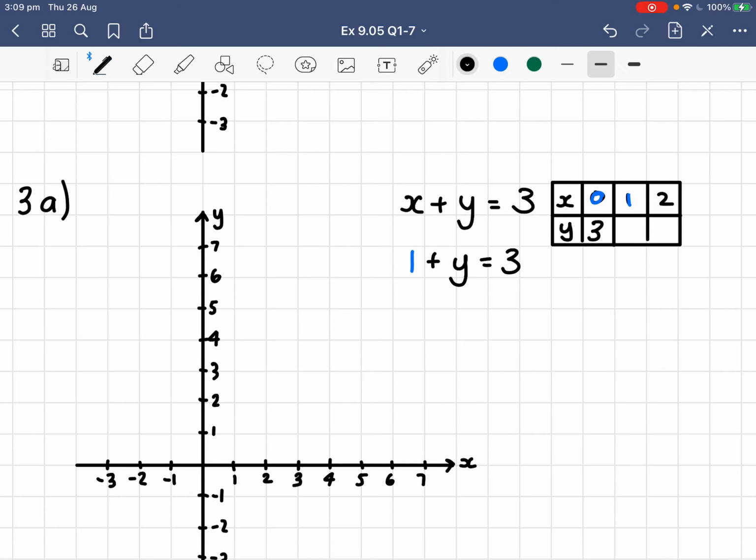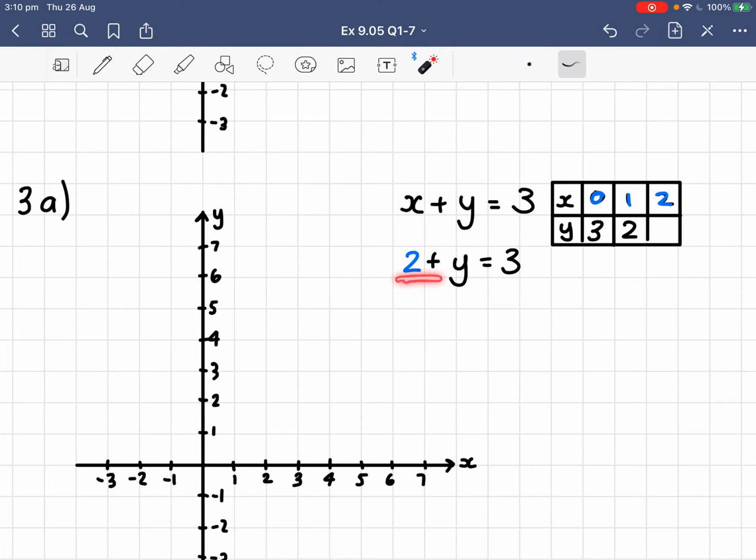So what do I add to 1 to get 3? That would be 2, so my y value has to be 2. Then I have my x value of 2, so I substitute that in here.